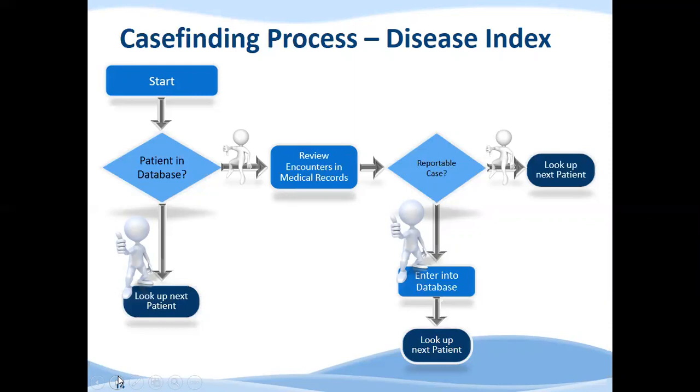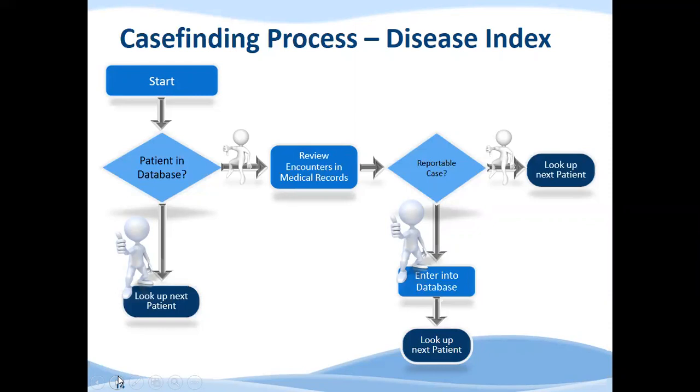Once again, I won't be able to find that case through a pathology report because there wasn't one done at our facility. However, they were treated with chemotherapy treatment. We must report that case. So that's how I would find that case through the disease index.